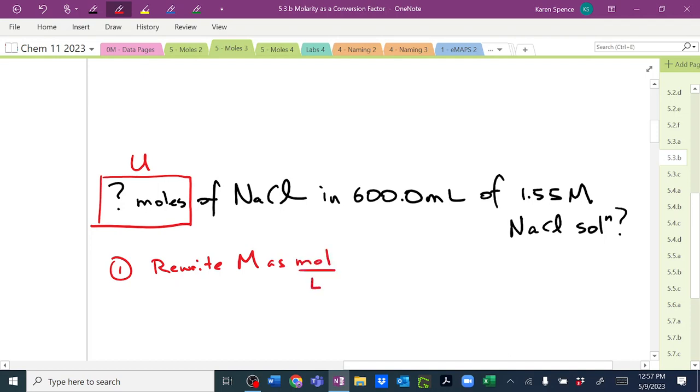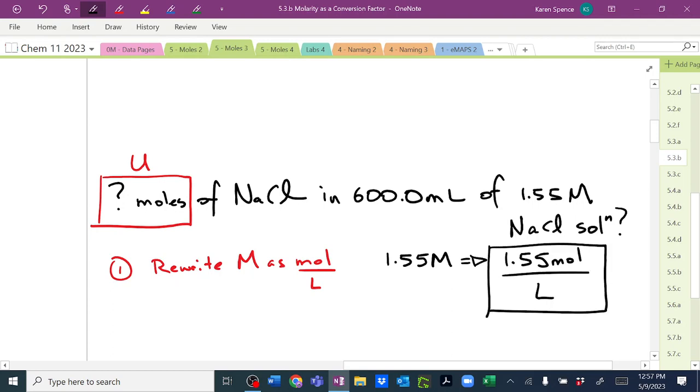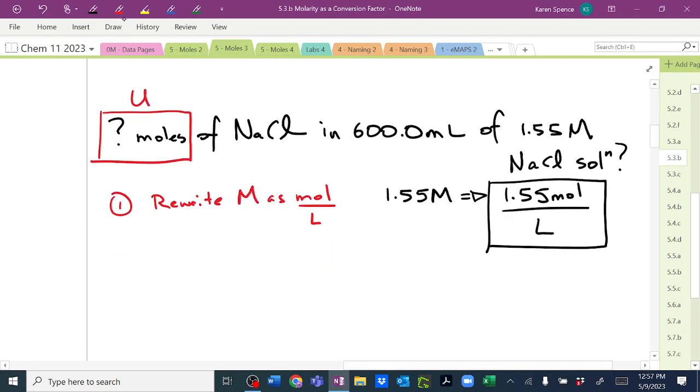So what we're going to do is take our 1.55 molar, which is going to then become 1.55 moles per liter. So anytime you have a problem involving milliliters and moles and molarity, you're going to rewrite molarity as moles over liters.